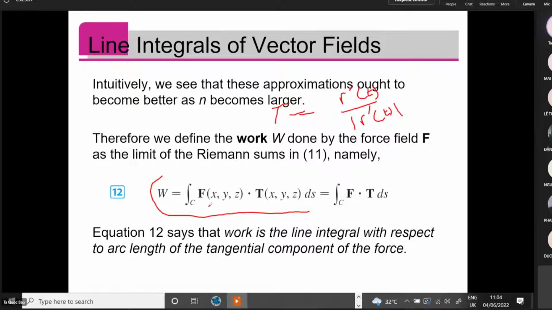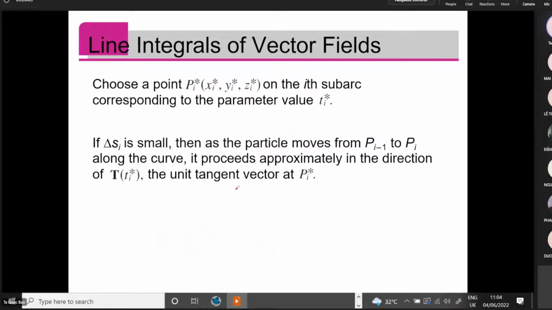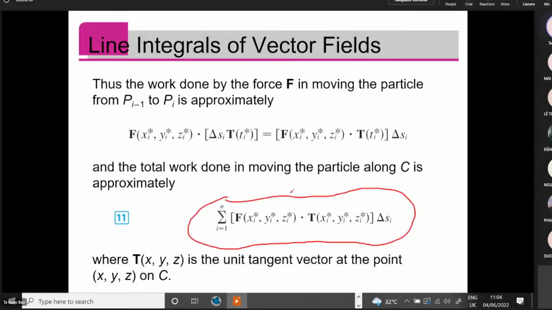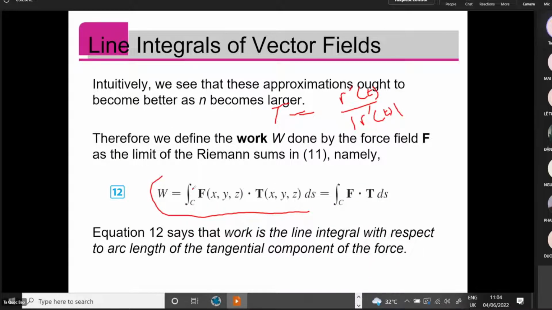It's just the sum of dot products, F times vector T, because the object moves along the curve C, then for work we take the integration on C. So for short we can write like this, right?